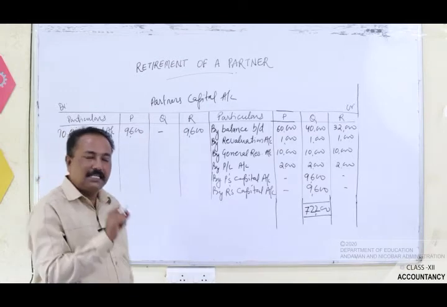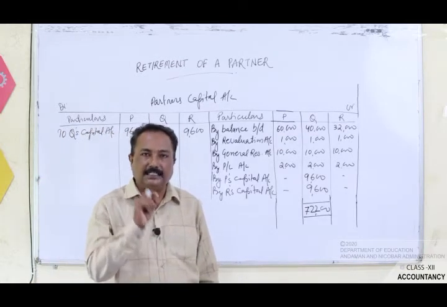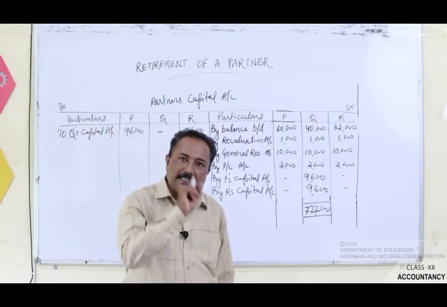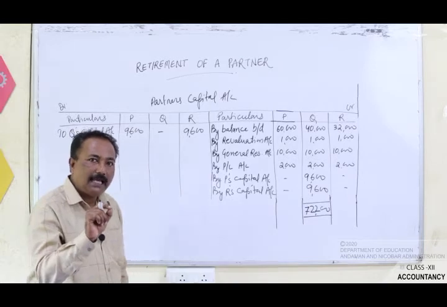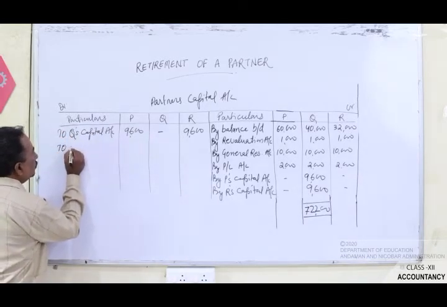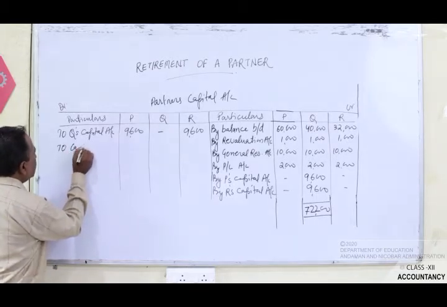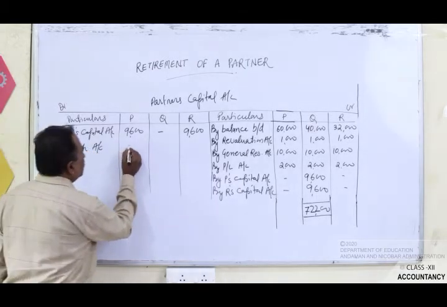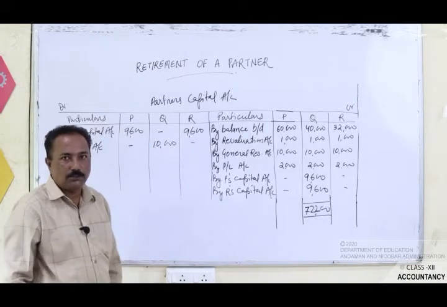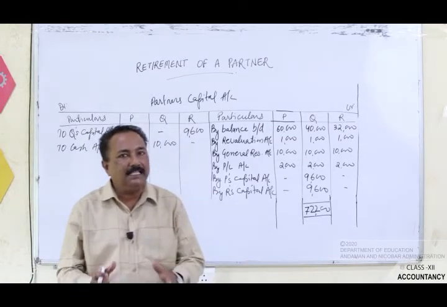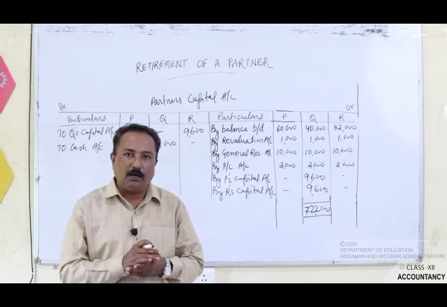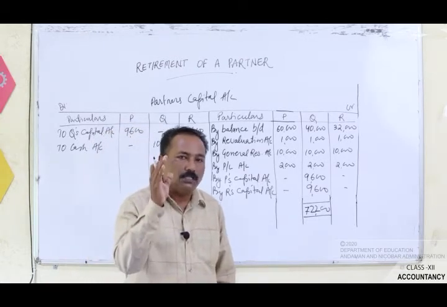For that purpose, let us pass the general entry. The general entry will be Q's capital account debit to cash account. In this general entry, Q's capital account has been debited. So, on the debit side you have to write as to cash account. And how much are we paying? We are making the payment of rupees 10,000. Now, the balance left in his capital account will be transferred to his loan account, and that is rupees 62,200.